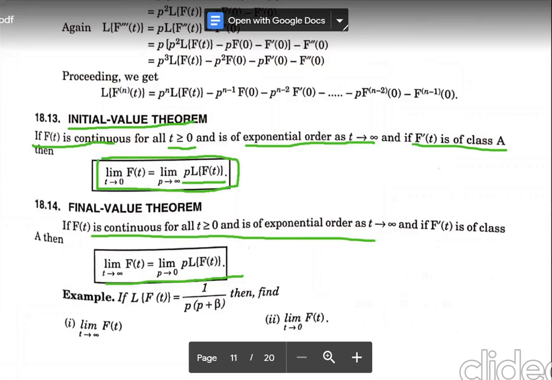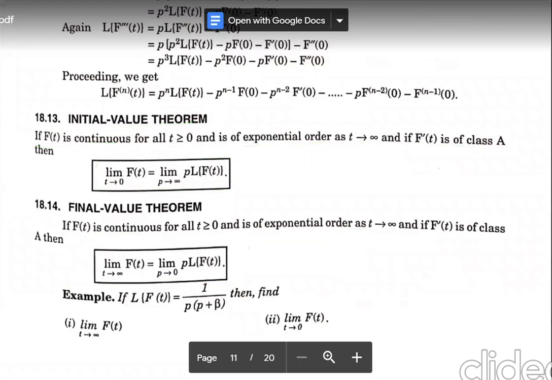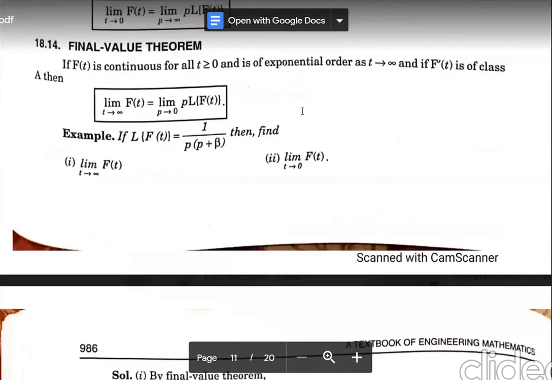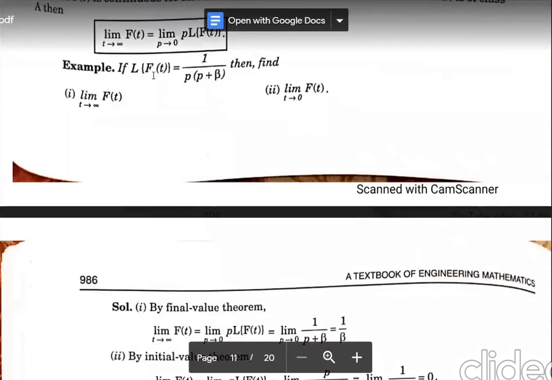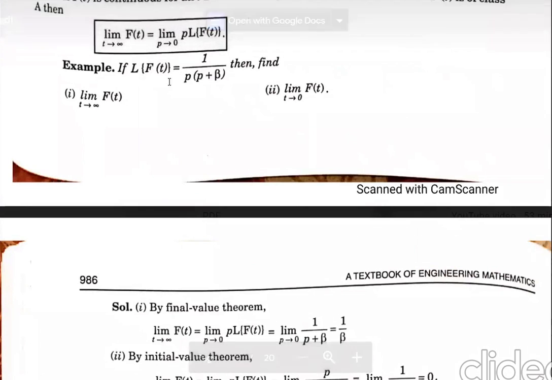Now see some problem. Here, the Laplace transform of f of t has already been given. If the Laplace transform of some function f of t is equal to 1 by p into p plus beta, then find limit t tends to infinity.